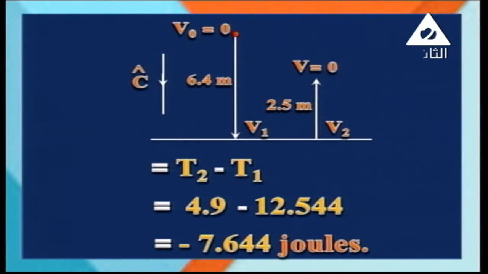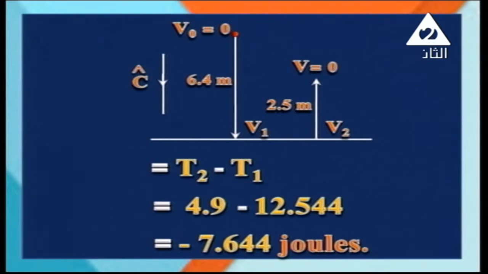My dear student, when we find the lost kinetic energy, excellent student, we use T1 minus T2. Why? Because the lost kinetic energy equals T1 minus T2. What do you mean?